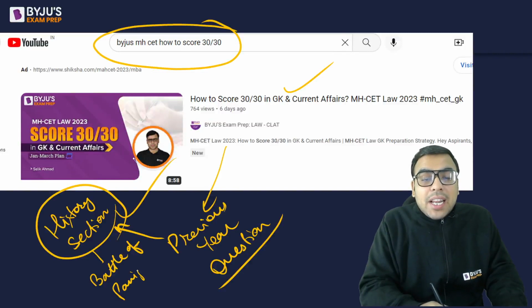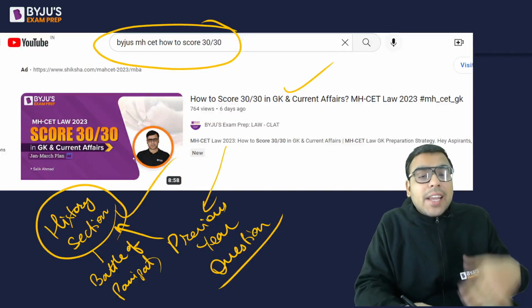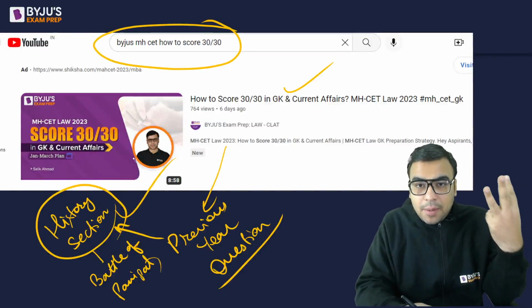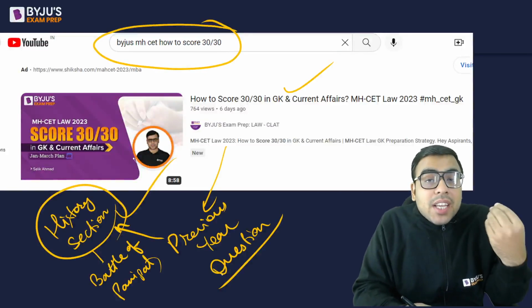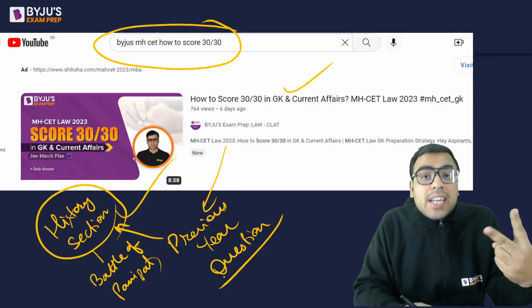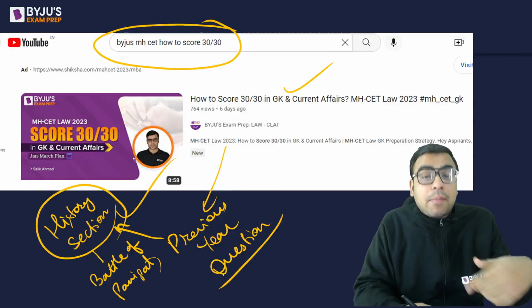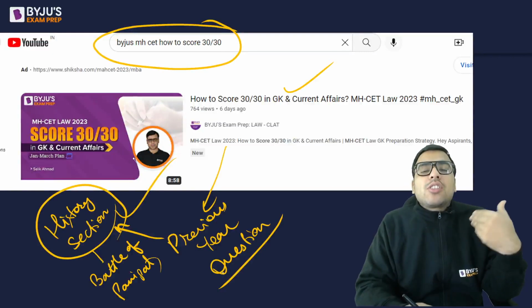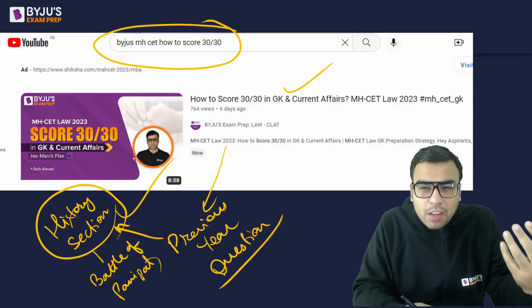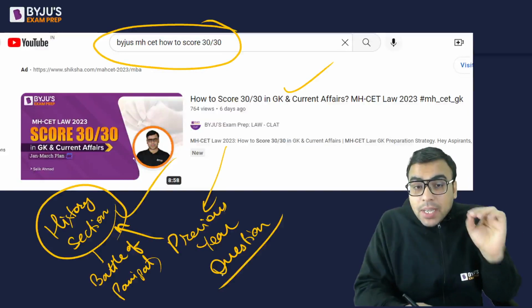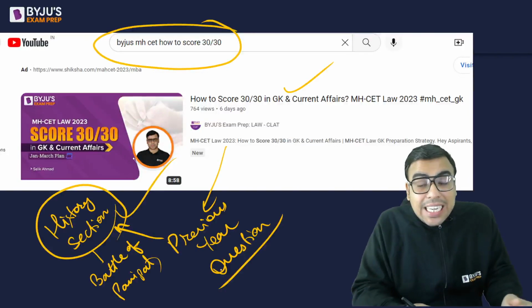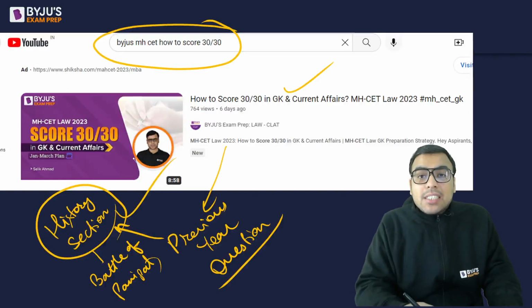Similarly, the Battle of Tarain. I hope you are aware there were 3 battles of Panipat. Similarly, 2 battles of Tarain, that is Battle of Tarain 1 and Battle of Tarain 2. Similar to that, they have asked about the Battle of Plassey and others. It means for the upcoming MH-CET exam, the history section and the battles become important.